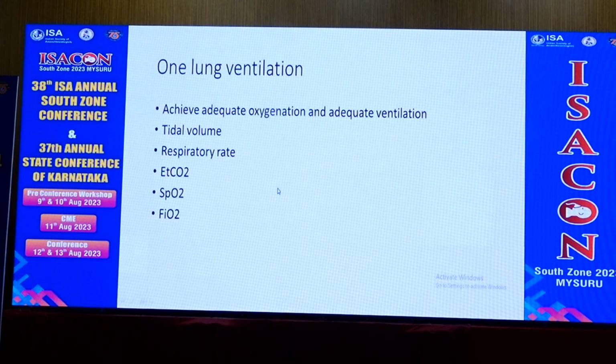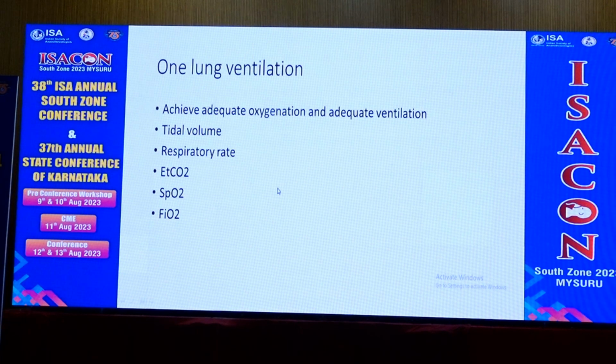Once we make the tidal volume 6 ml per kg and the patient is ventilated properly for 3 to 5 minutes, then the respiratory rate has to be adjusted such that the EtCO2 is around 35 to 45 mmHg. This is the permissive hypercapnia level.